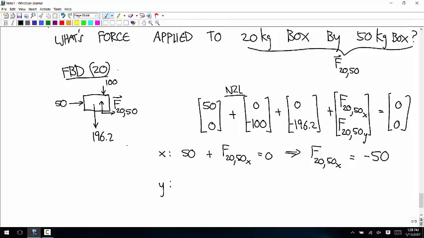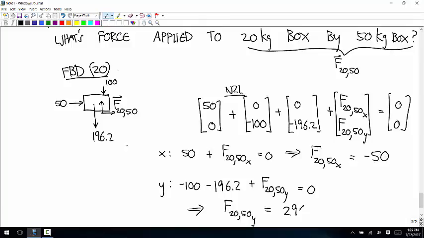And the y equation says negative 100 minus 196.2 plus F_2050 y is equal to 0. And that says that F_2050 y is equal to positive 296.2 newtons.